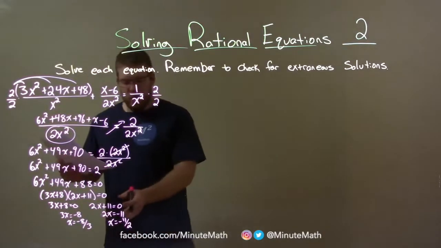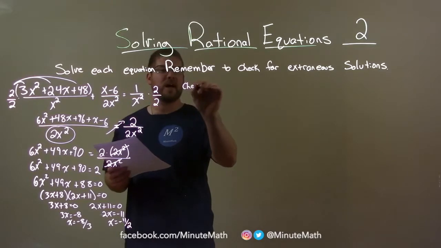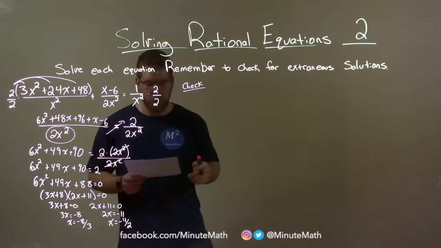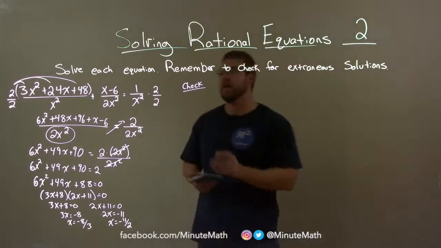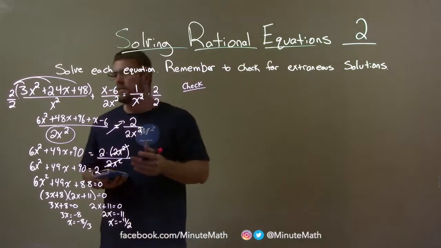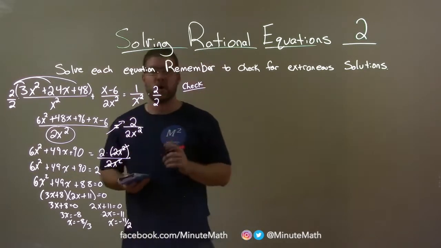So we have our two numbers there, and we need to check for extraneous solutions. All we're going to do is take the original equation and, instead of x, put in the value and see if the left and right hand sides are equal.